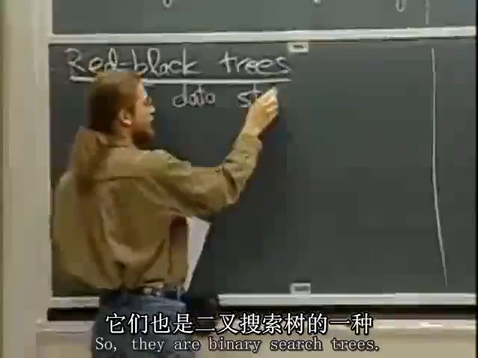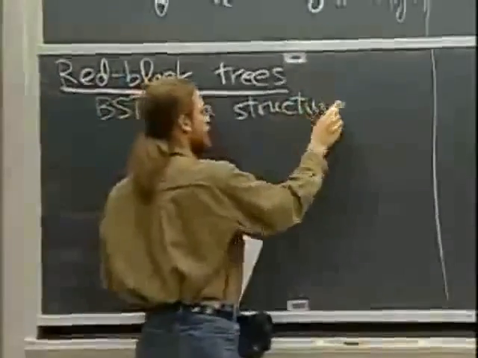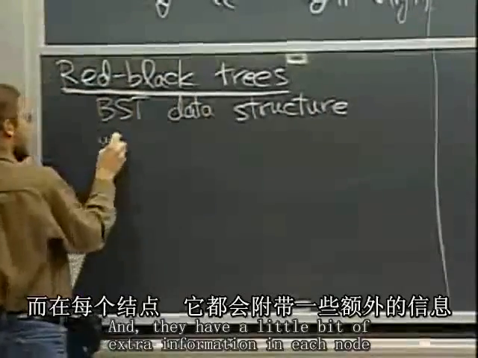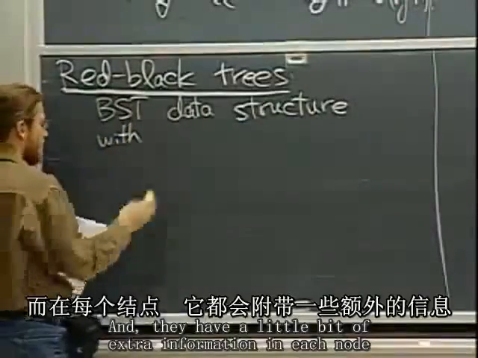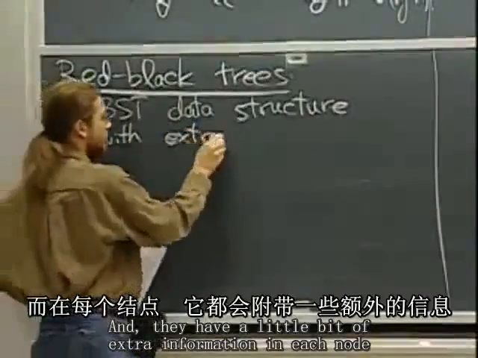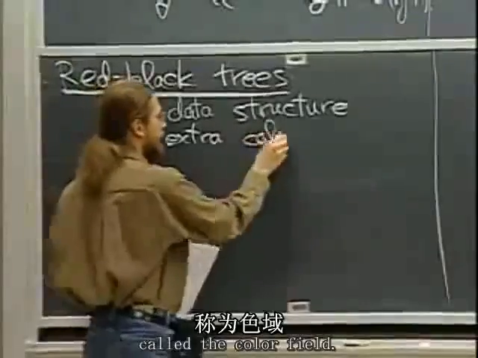So they're binary search trees, and they have a little bit of extra information in each node called the color field.